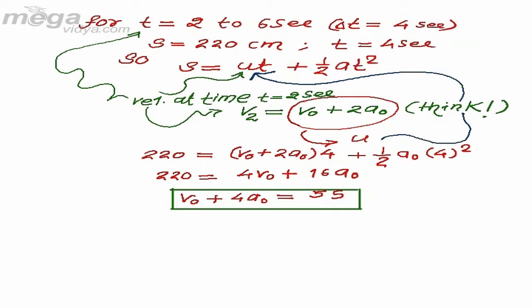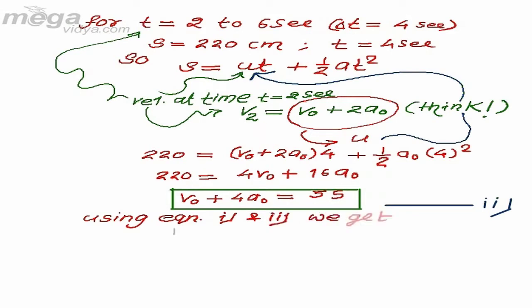Now I am stating this to be the second equation for this particular question. Using equations 1 and 2, we get v naught equal to 115 centimeters per second and acceleration a naught to be minus 15 centimeters per second square.